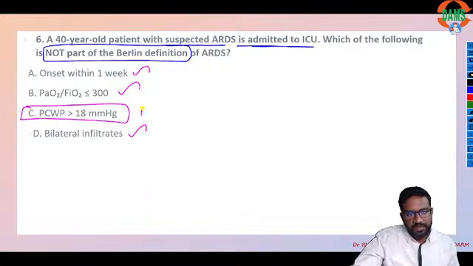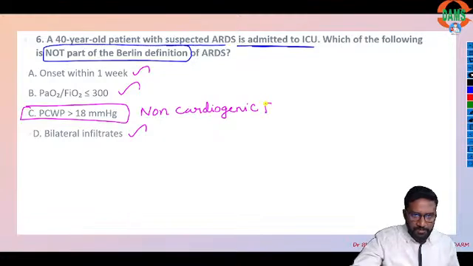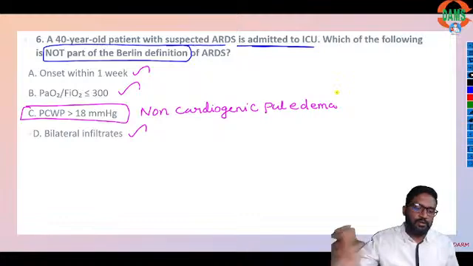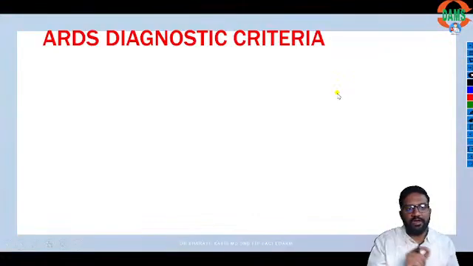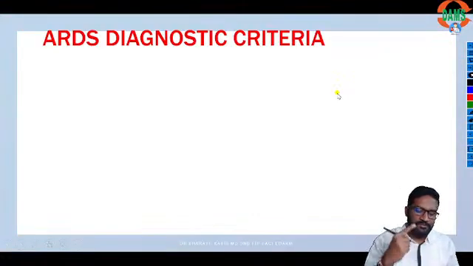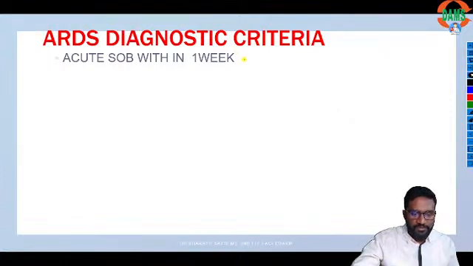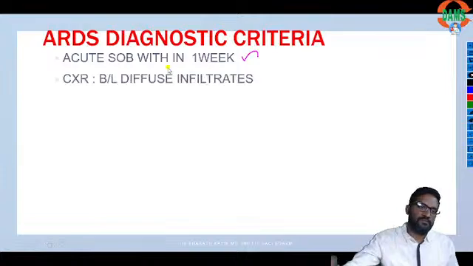Keep this in mind: ARDS is a non-cardiogenic pulmonary edema, so obviously PCWP will not be elevated. Now, these are the rules of the ARDS diagnostic criteria, also called Berlin. We know that it is acute shortness of breath within 1 week.